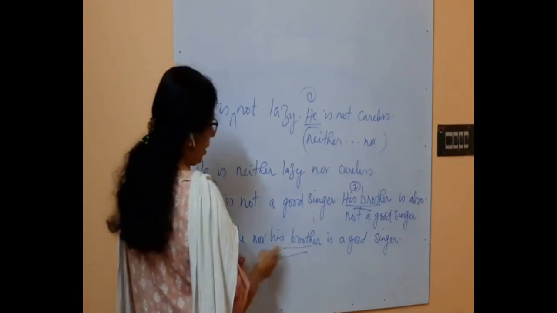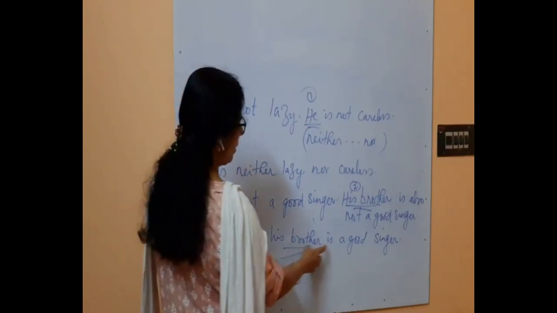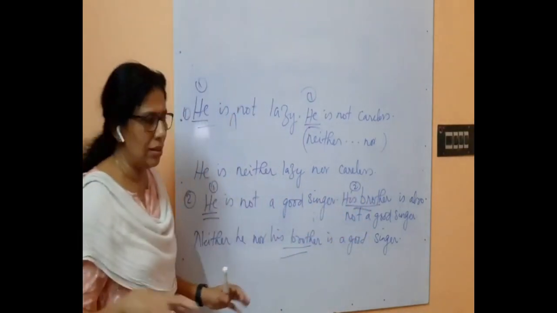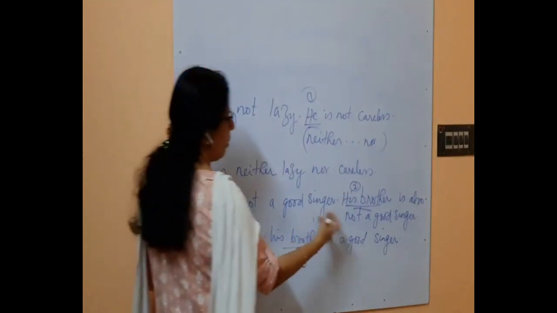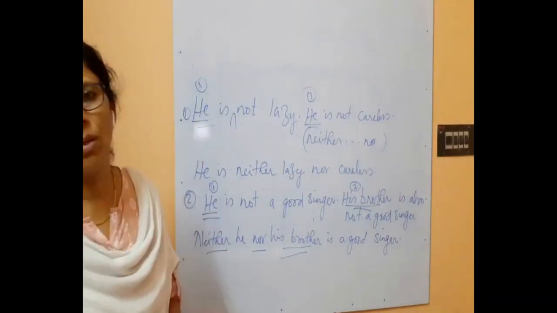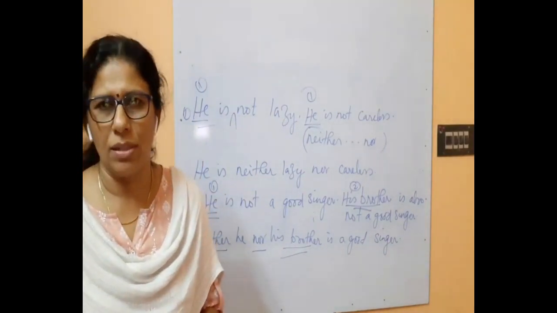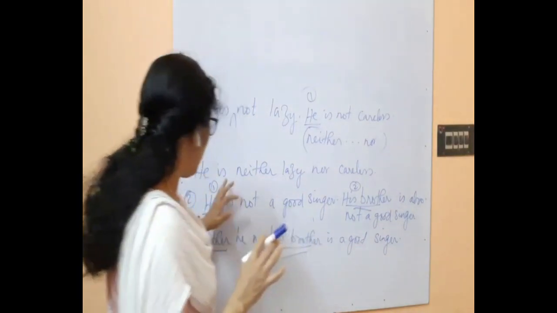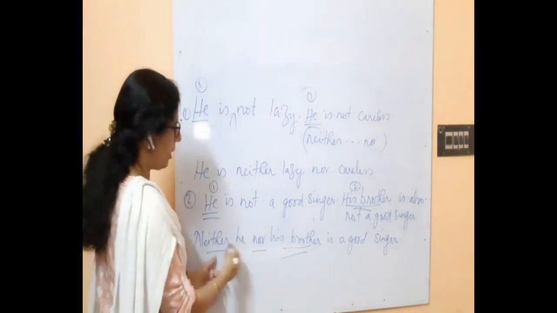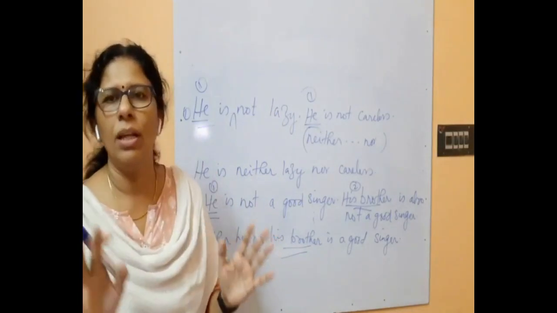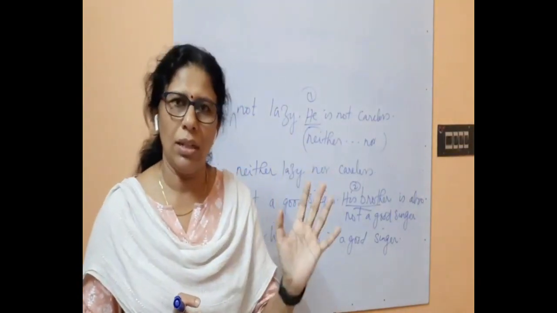Neither he nor his brother is not a good singer, don't insert. Why? Because neither nor itself will give a negative meaning and a double negative is not needed. If you have used a double negative, it will become a positive sentence. Understood? So please be careful not to use one more not in a sentence. Already neither nor is there, that itself will give the negative meaning intended in the question.